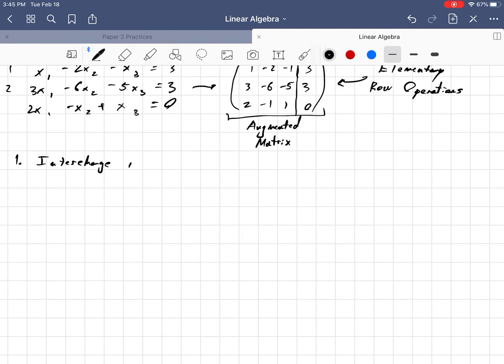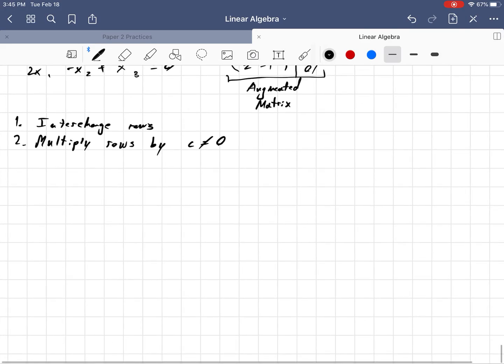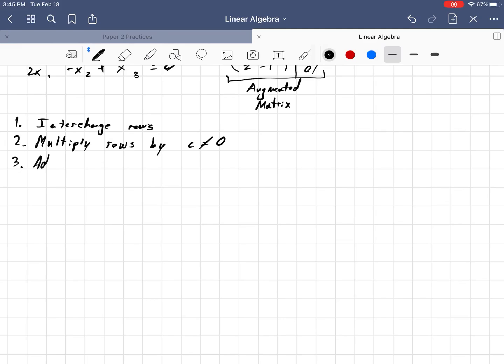That was the first one I said. We can multiply rows by some constant c not equal to 0. And we can add, or technically subtract if we were to multiply by negative c in rule number 2, one row of a matrix to another.